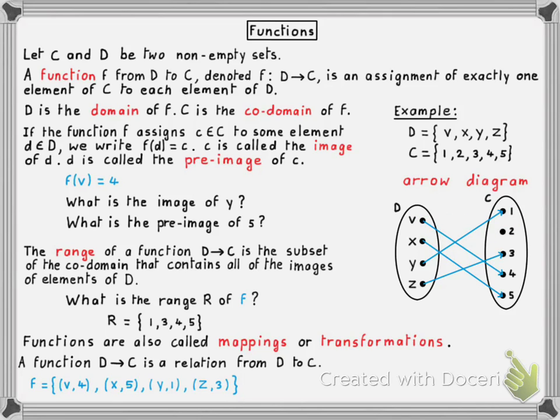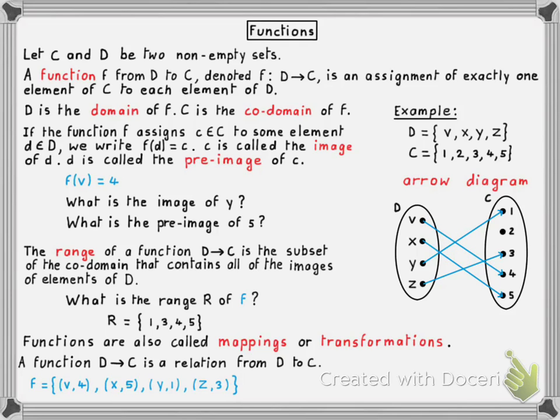In fact, a function is a special relation in which there is a unique pair for each element of the domain. Why is that? Because by definition in a function, every element in the domain must have an image. So when you look at the function here, it must have a pair for V, it must have one for X, it must have exactly one pair for each element, same for Y and Z. If it had two pairs or more for a single element, that means there would be more than one arrow leaving from that element.